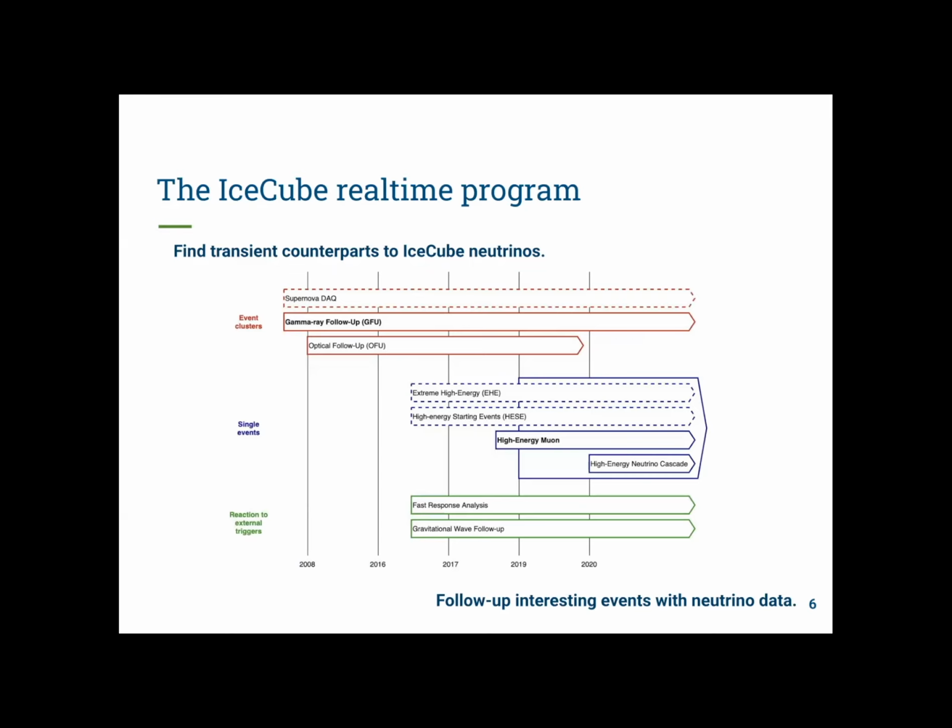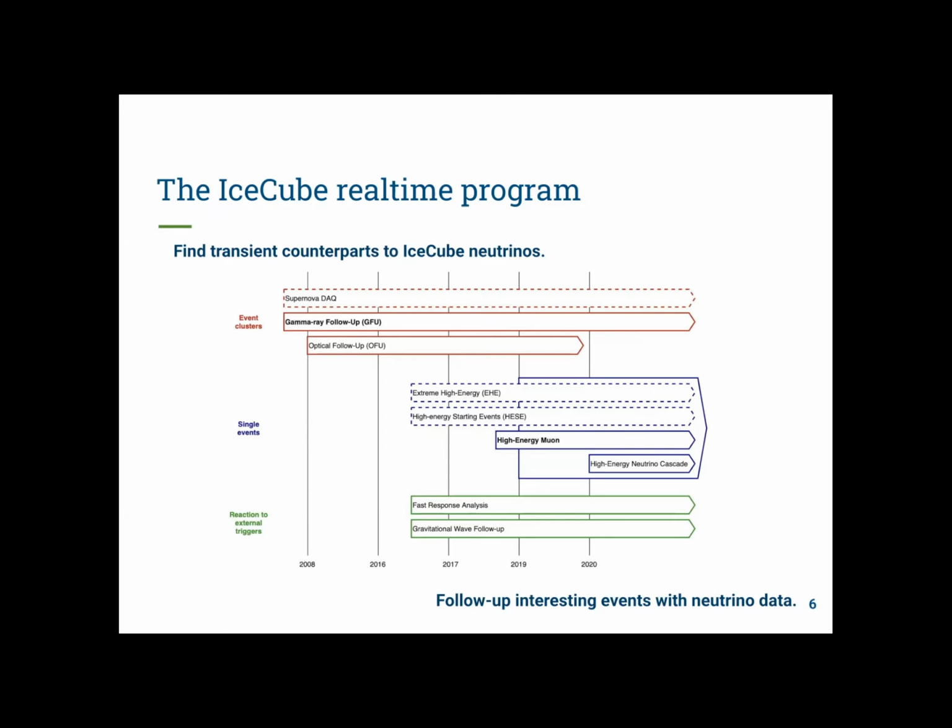IceCube, notably, has a long history of real-time time-domain astronomy. Basically, since the early years of the completion of the detector, it had in place already programs for the multiplet search. So you search for multiplets in the neutrino data in order to trigger mostly private alerts that are then followed up by partner observatories such as ICTs.